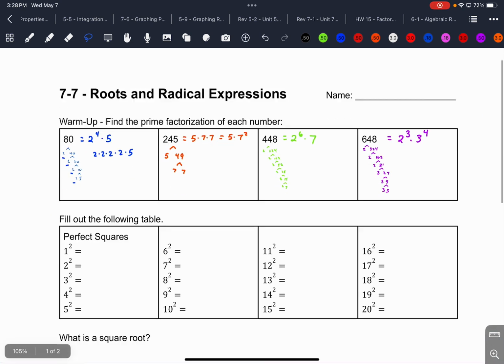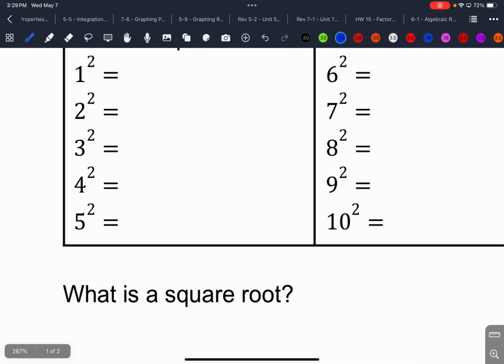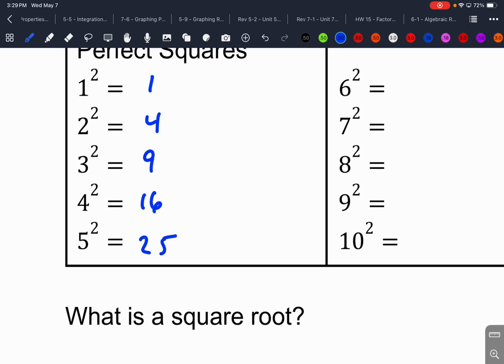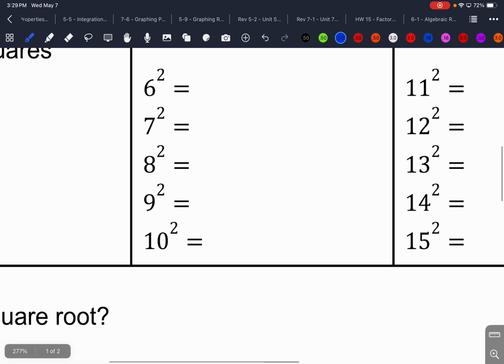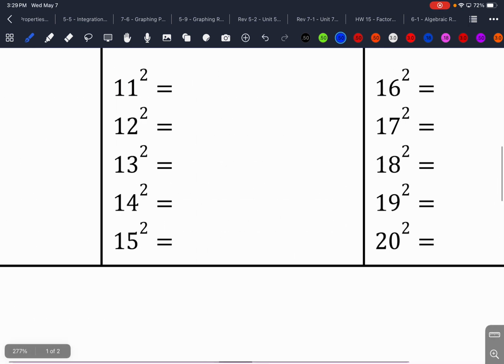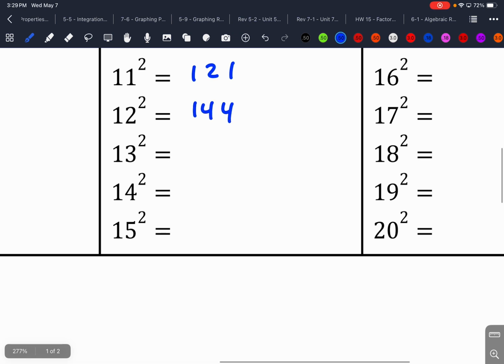And then perfect squares. All right, Ollie, I want you to hit me. How far can you go with perfect squares? 1 squared is 1. 2 squared, 4, 9, 16, 25, 36, 49, 64, 81, 100, 121, 144, 169 and 196.